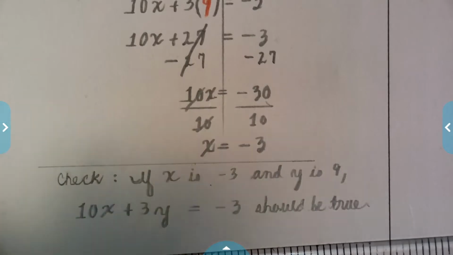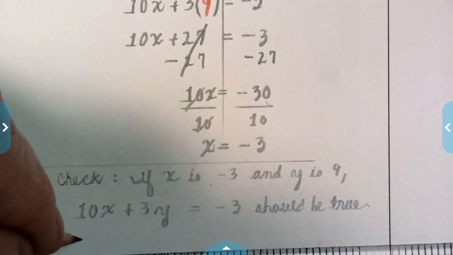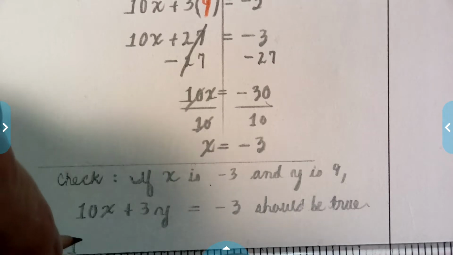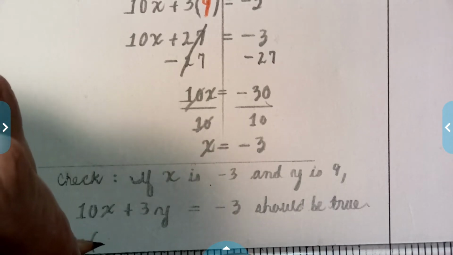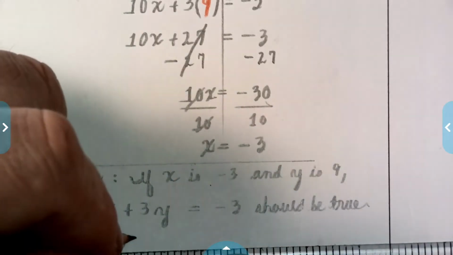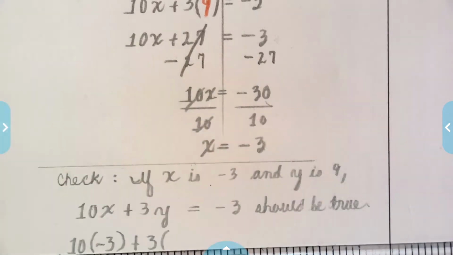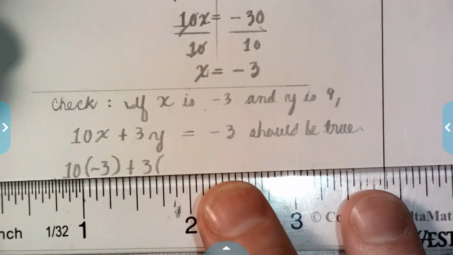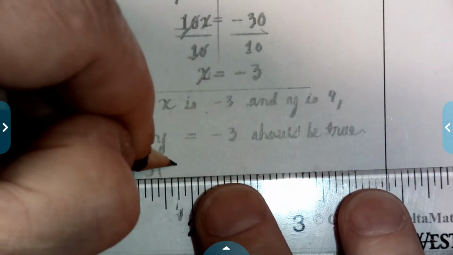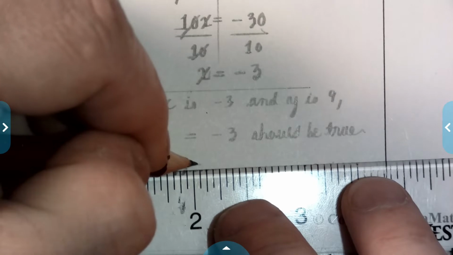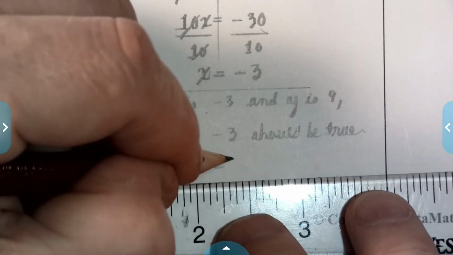Okay, well, is it true? So let's test it by substituting in negative 3 here for x. We have 10, open parentheses, negative 3, close parentheses, plus 3, open parentheses, and then remember y is 9, so put the 9 in there, close parentheses, and let's see if that works out to be negative 3.